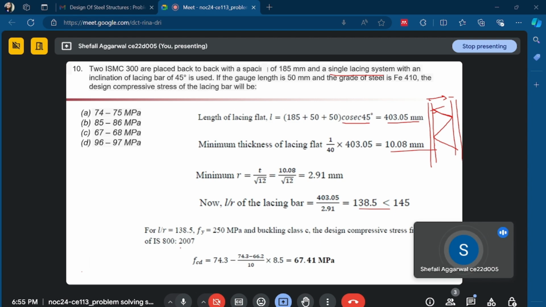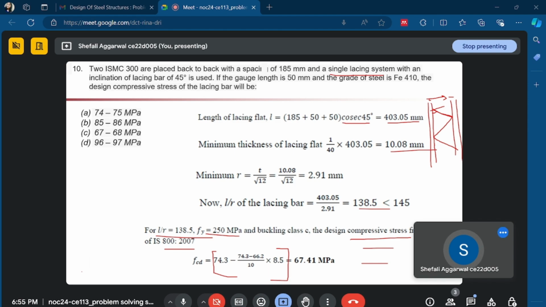So from IS 800 Table 9C, we can see for fy 250 and L upon r 138.5, we can calculate the compressive strength. We are using the interpolation method. So for one value it is 66.2, other value 74.3.